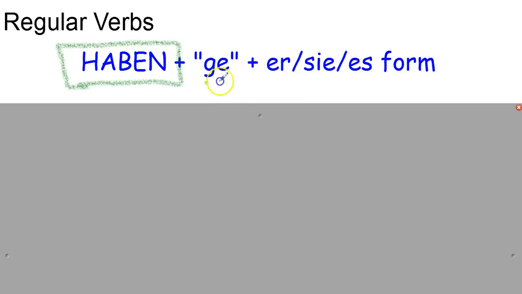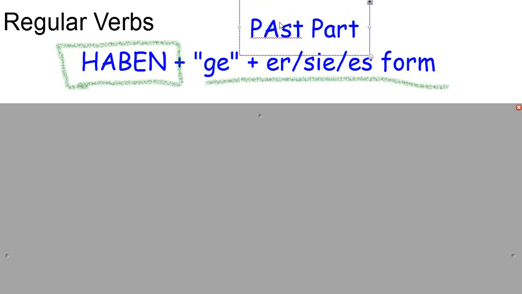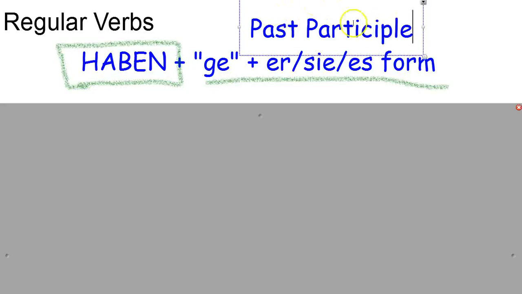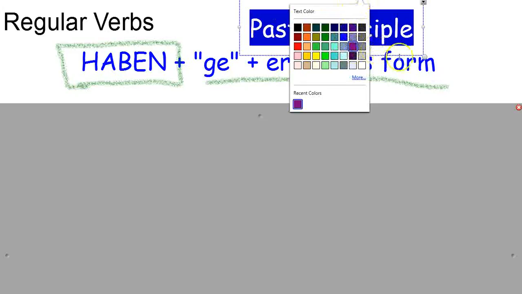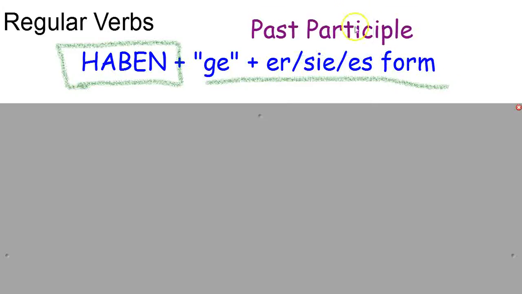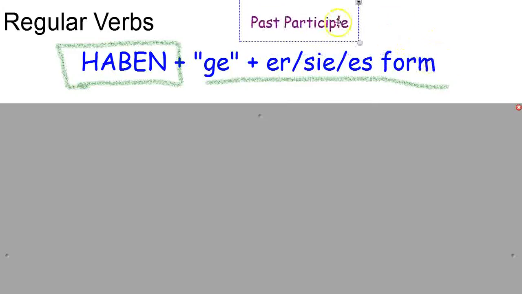Then what we have is something that's called the past participle. Okay, so this is our past participle. And this is going to go ahead and go to the end of our clause or sentence. So the past participle is formed in German by using the prefix ge and then the RCS form, or basically the T form.